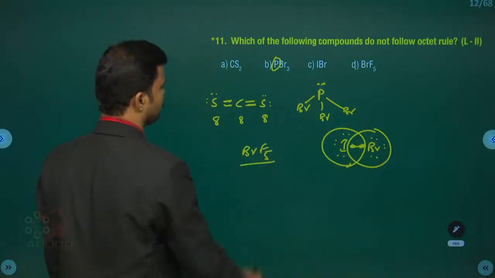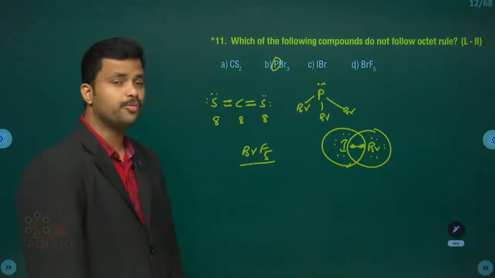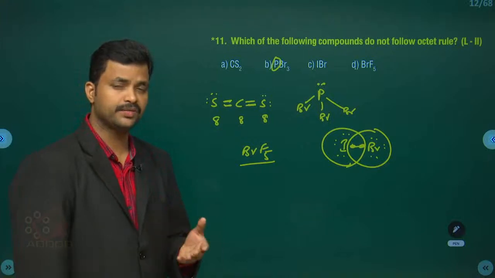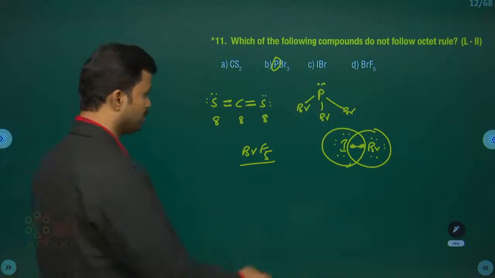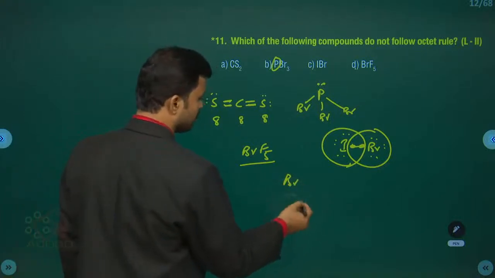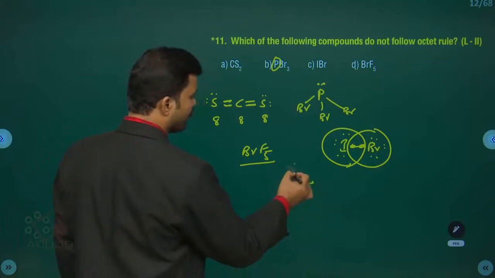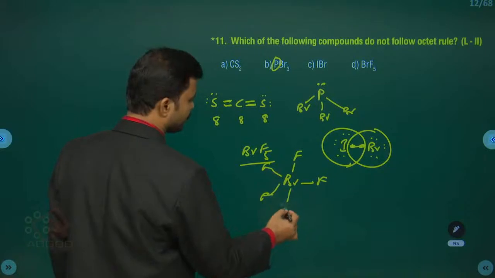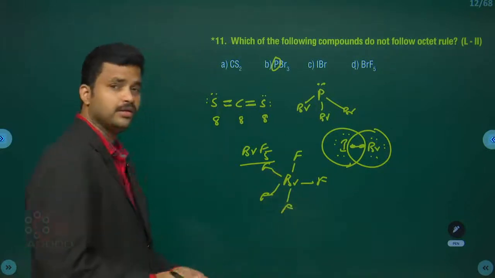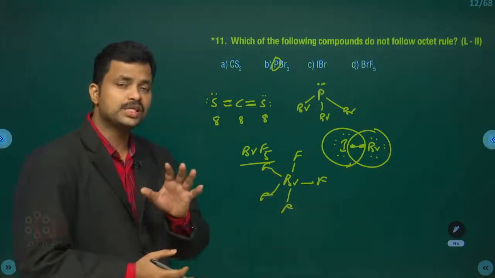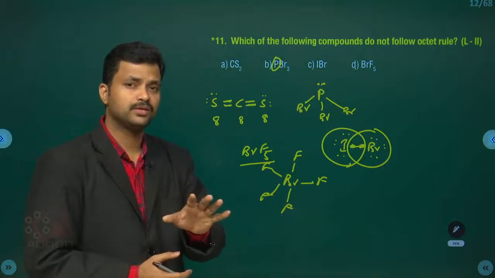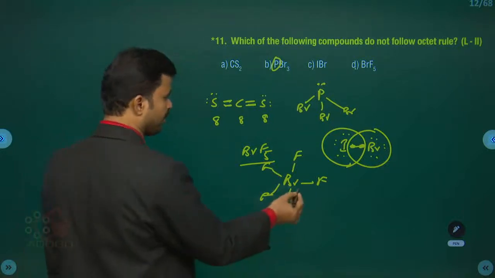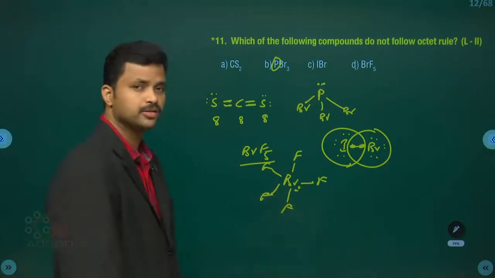Think about BrF5. Bromine, how many electrons are there? Bromine is a 7th group element. There are 7 electrons in its group. So the bromine has 5 fluorine atoms. Out of 7, 5 participated in bonding, then there is one lone pair on the bromine.